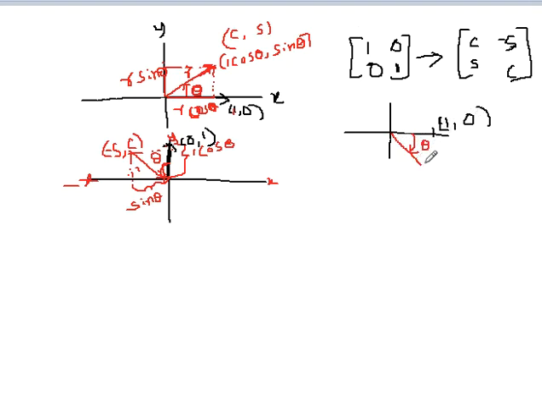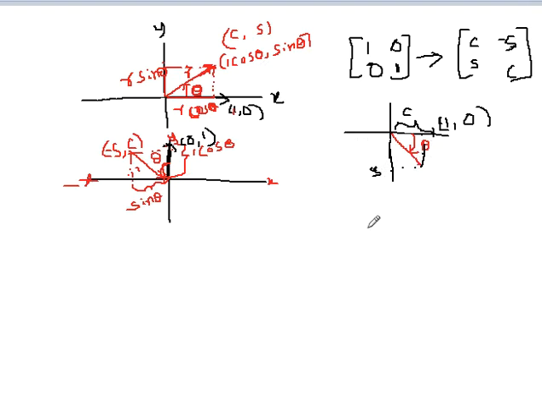Now this (1, 0), the first basis, will have its components as, now we can resolve. Again, this is R cos theta, the cos theta component, so it is c, and this is s, but plus or minus?